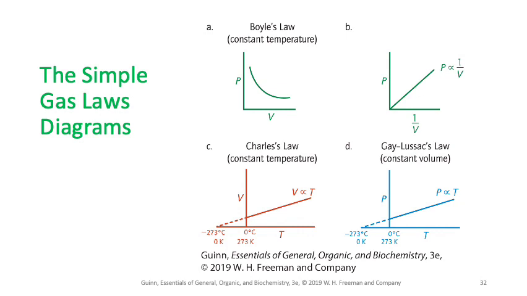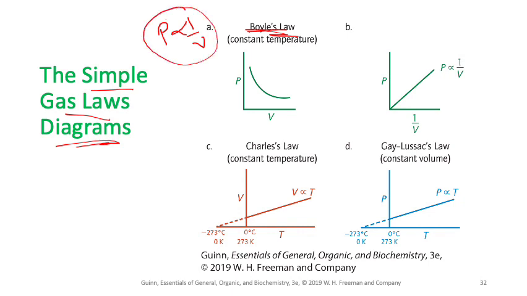Now on this slide, what you're looking at shows you the simple gas law diagrams, right? The first diagram that you're seeing over here is Boyle's law. Boyle's law, we know, says pressure is inversely proportional to volume, right? So that means if one thing goes up, another thing should go down. If you take the y-axis as pressure and the x-axis as volume, then you will get this kind of graph.